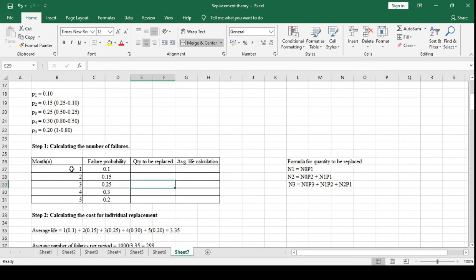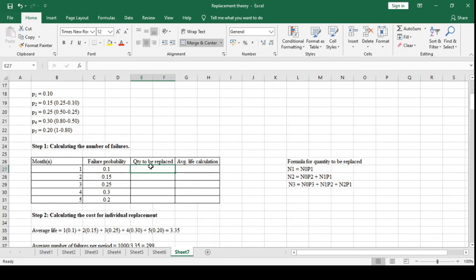Now we will calculate the quantity to be replaced. The formula for the quantity to be replaced is given over here. For n1, that is the quantity to be replaced in the first month, your formula is n0 into p1.